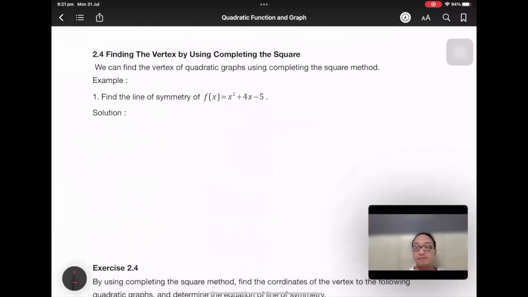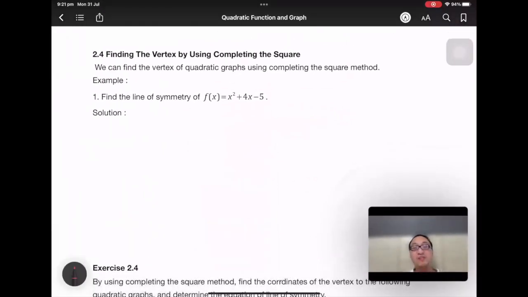Next, move on to finding the vertex by using the completed square form. We have learned about the completing the square method. Now, the use of the completing the square method is to find the vertex of the quadratic function. Let's see the example.